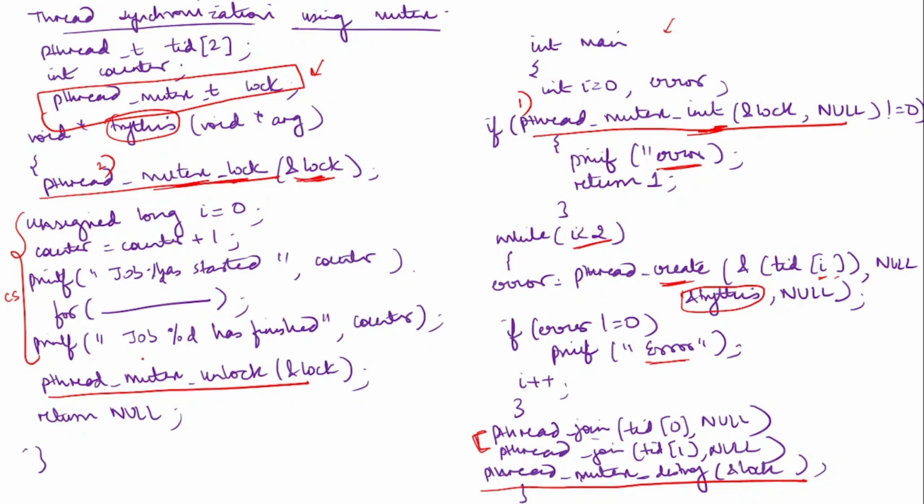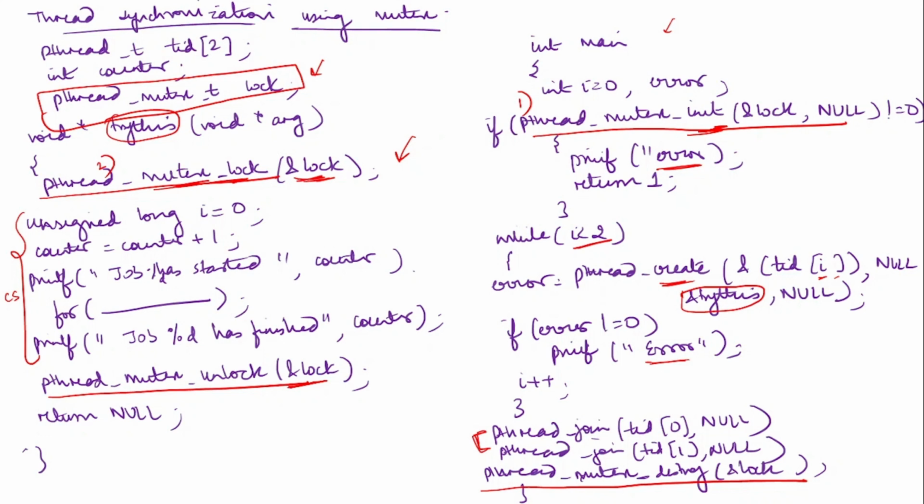After it has executed the critical section, the mutex will be unlocked. As soon as it is unlocked, the second thread gets the opportunity to access the same piece of code, the same critical section.